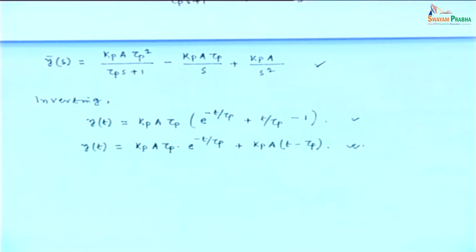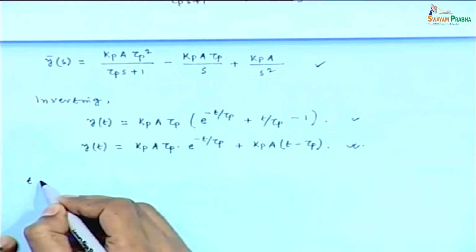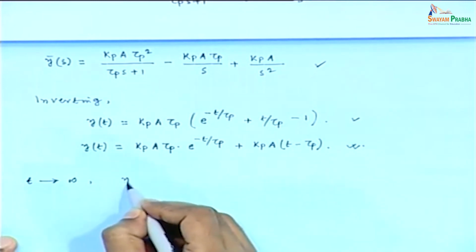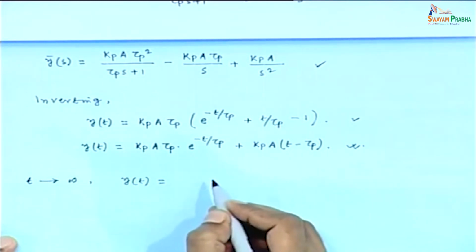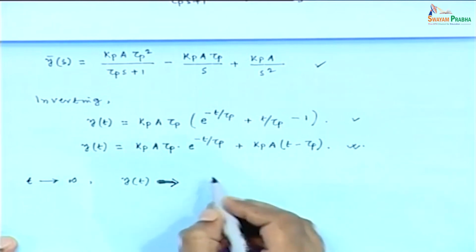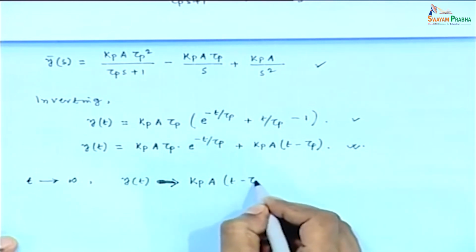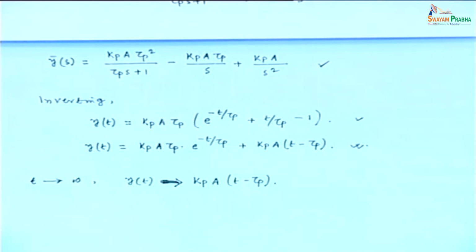Now, we will consider one case, that is t tends to infinity. If we consider t tends to infinity, then y t becomes Kp a times t minus tau p. That means, we can say that the ramp input yields a ramp output with slope Kp a.